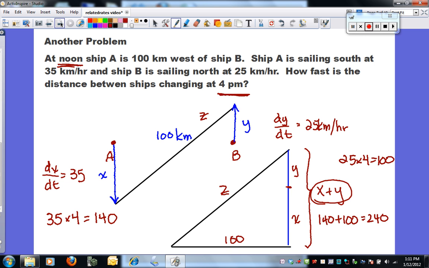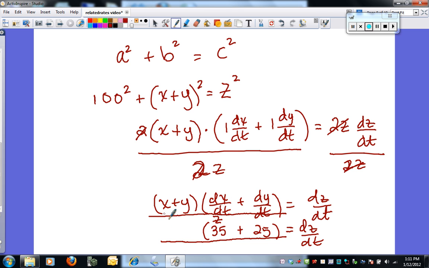So let's go back now. We know x plus y is 240, and if you don't remember how we got that, you can rewind the video a little bit and figure it out. I'll write it as 140 plus 100.